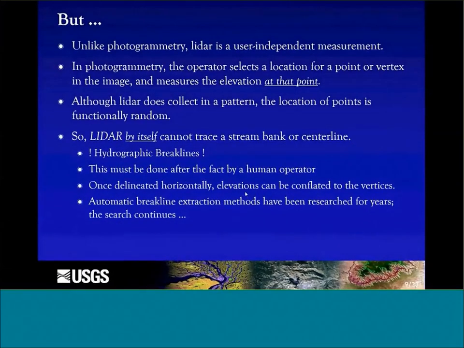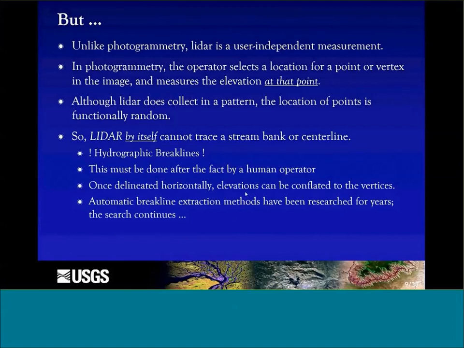So one of the problems with LIDAR is that it's user independent. In photogrammetry, the operator actually looks for things on the ground, picks points, and measures them exactly at that location. They can therefore follow a stream or a stream bank and just drop points or vertices of a line along the edge.